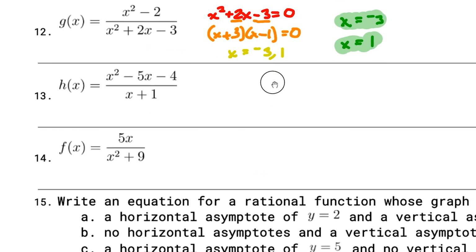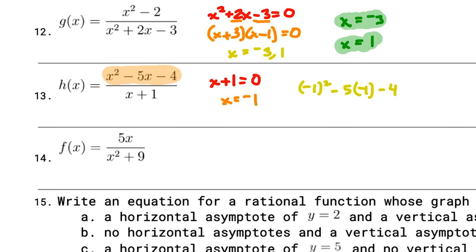Okay, number 13. This one's pretty straightforward. We're just making sure that the denominator is equal to 0 and solving for that x value. So you get x is equal to negative 1, and you have to make sure that negative 1, if you plug it into the top part, you are not going to get a 0. So if you plugged in negative 1 on that, you would get negative 1 squared minus 5 times negative 1 minus 4.